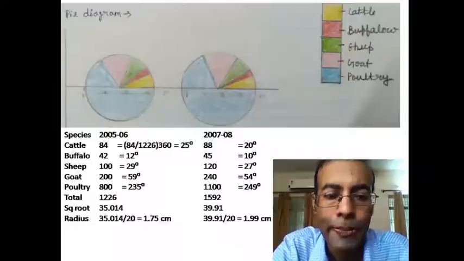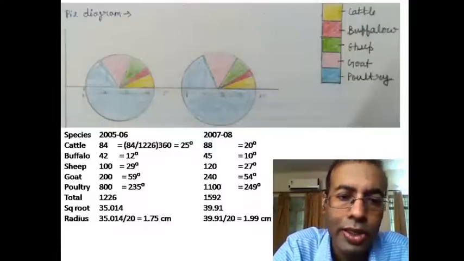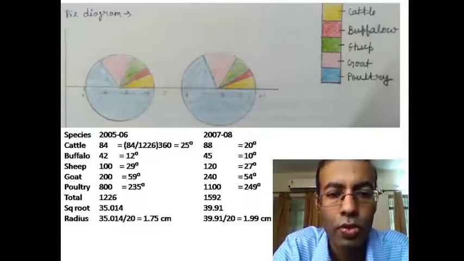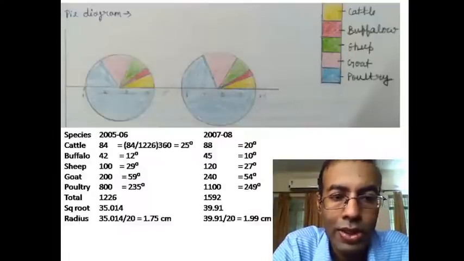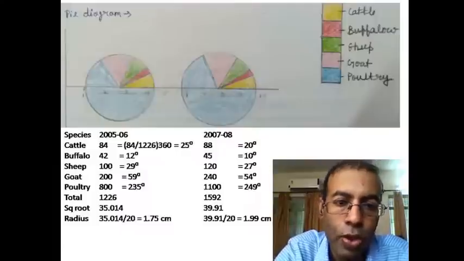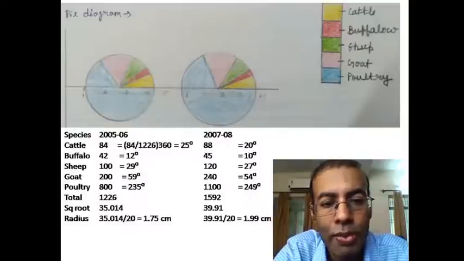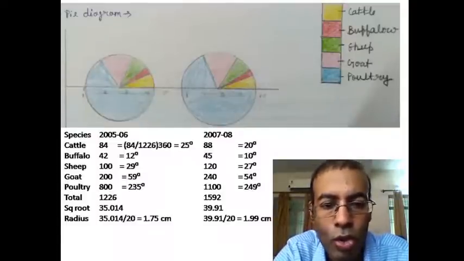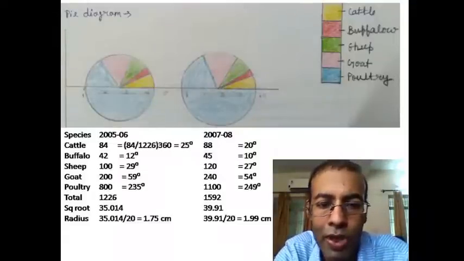For getting the angle, we take it out of 360 degrees, because one circle is 360 degrees. So for getting the proper degrees for cattle, the calculation is like this: 84 divided by the total number of animals, 1226, and this division will be multiplied by 360. In this way we get the value of 25 degrees. It's a rounded value, it will be 25 degrees.